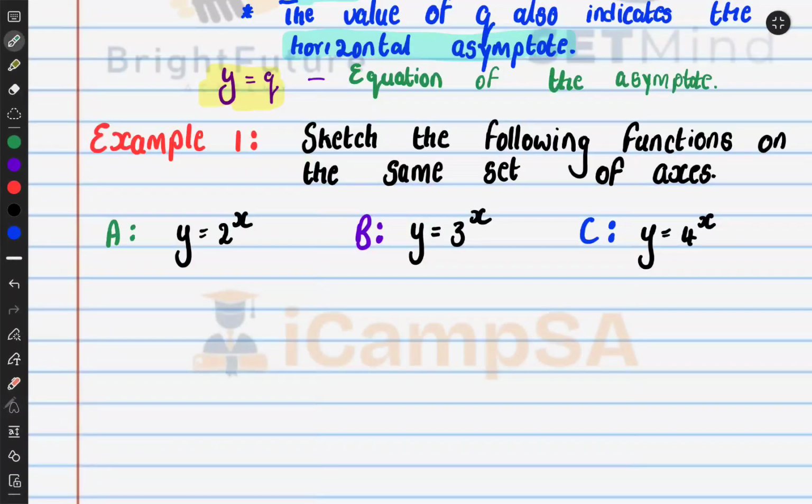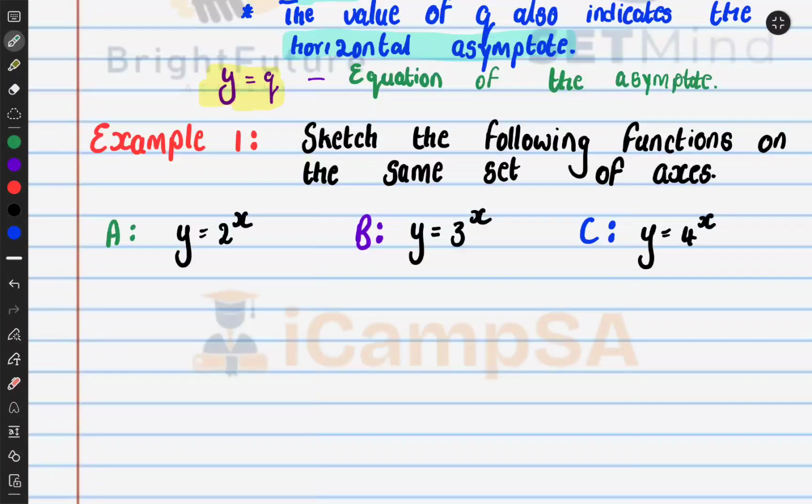For example number 1, we're asked to sketch the following functions on the same set of axes. Okay, so the easiest way to sketch this function is by just finding the y-intercept and maybe one other point that lies on the graph, and actually sketch the graph.